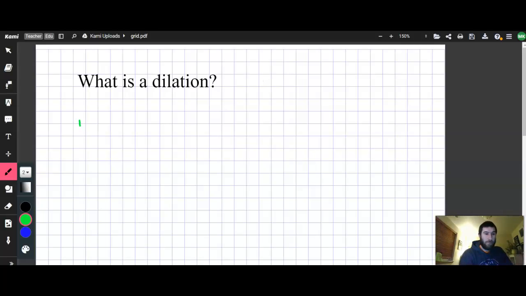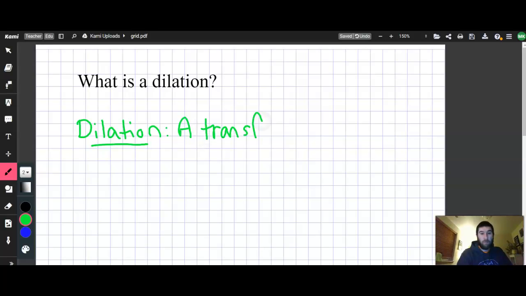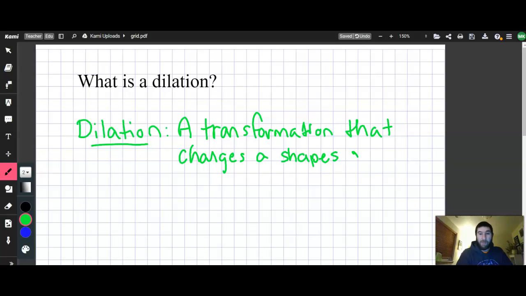And so, a dilation is a transformation that changes a shape's size.